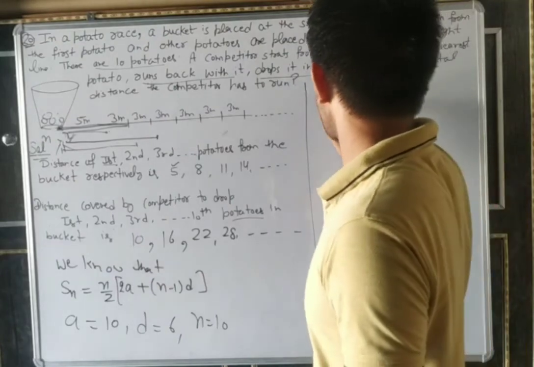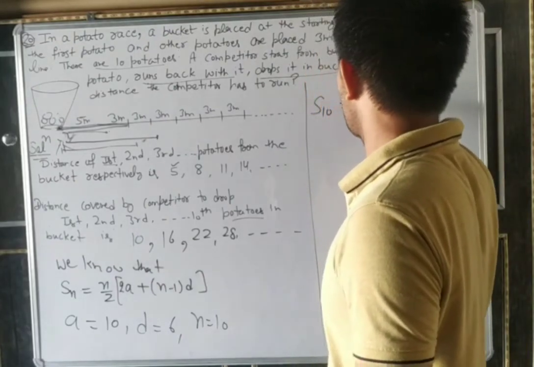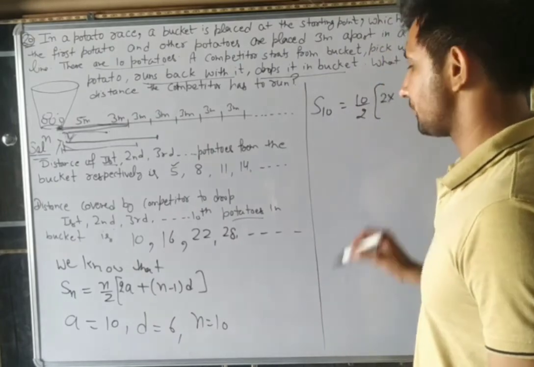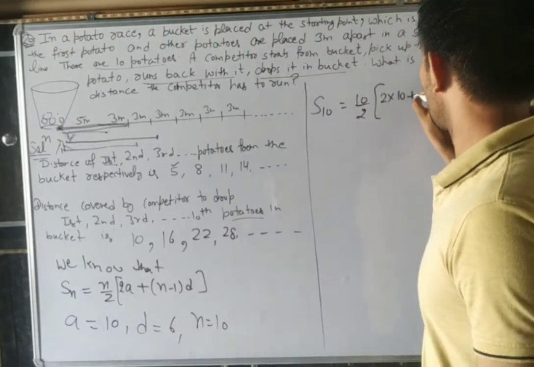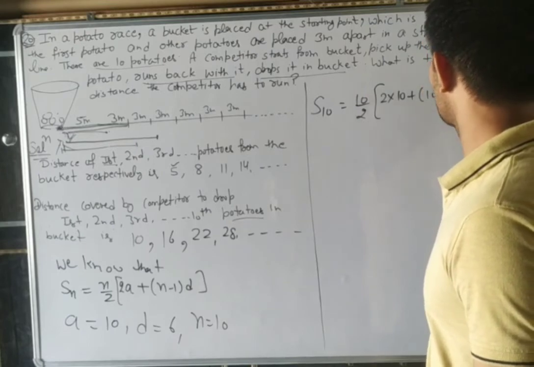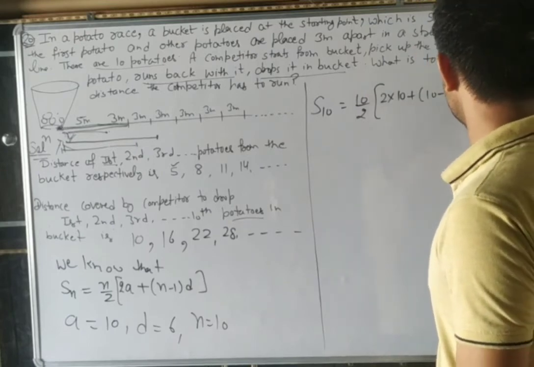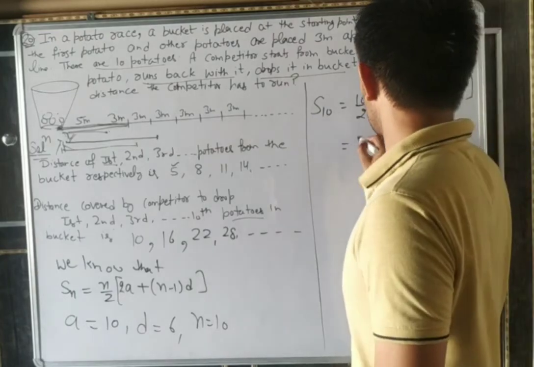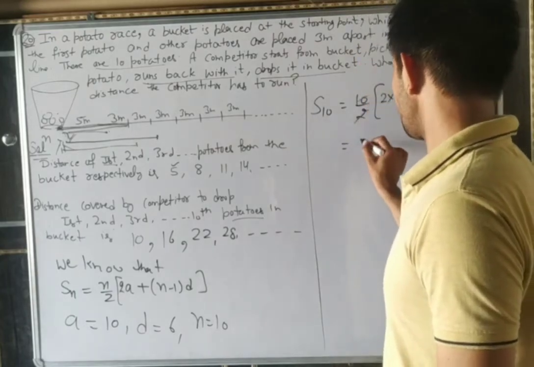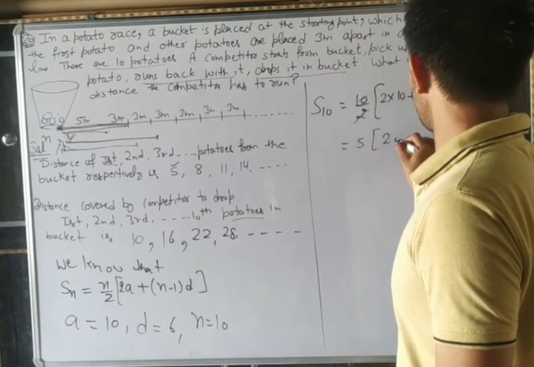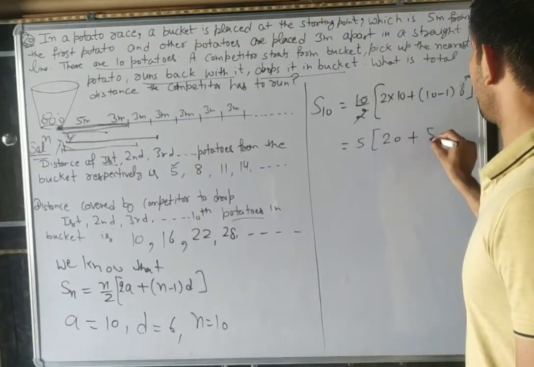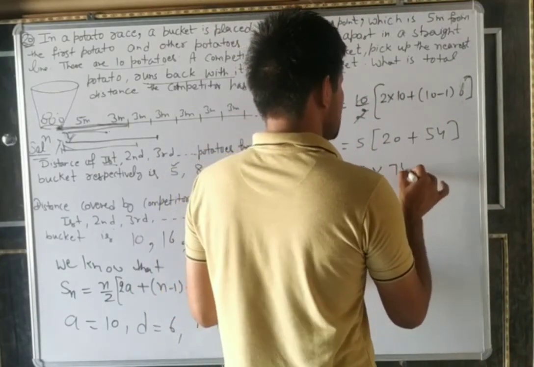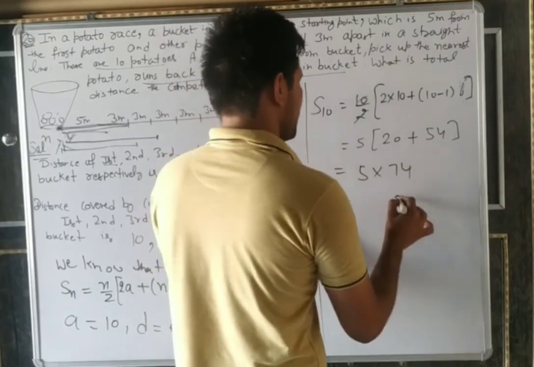So we will write S10 equals 10 upon 2 bracket 2 into a, 10, plus (n minus 1), 10 minus 1, into d. D is 6. So 10 cut by 2 is 5, 20 plus 9 into 6 is 54, so it is 5 into 74, which is 370.